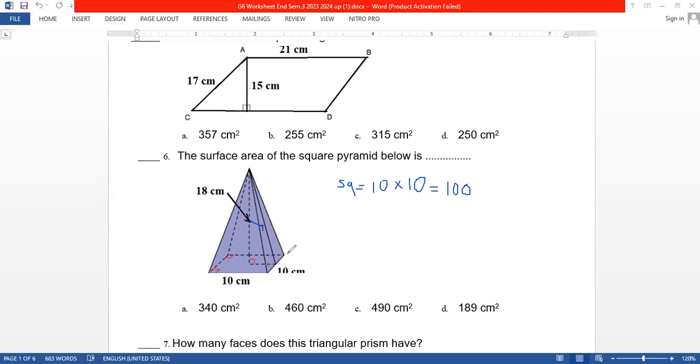The area of the triangle is base, as you know, times height. This is the height, guys. So this 18 is for this height, not for this height. For this height, which is the height of the triangle.